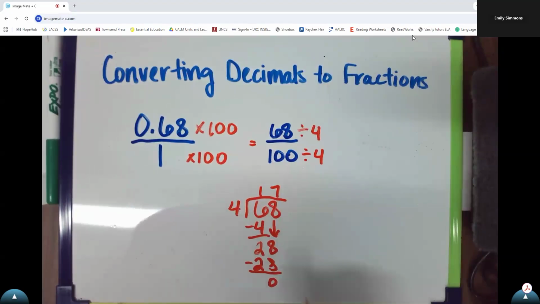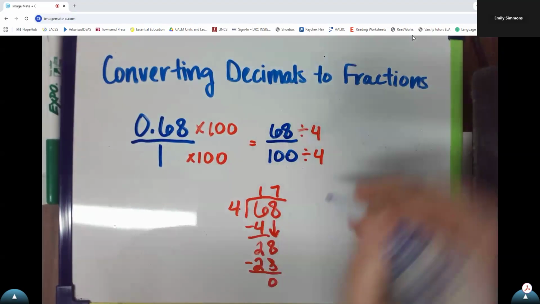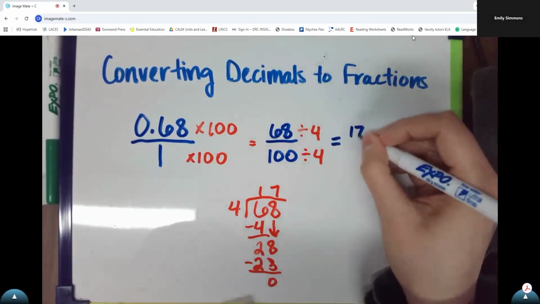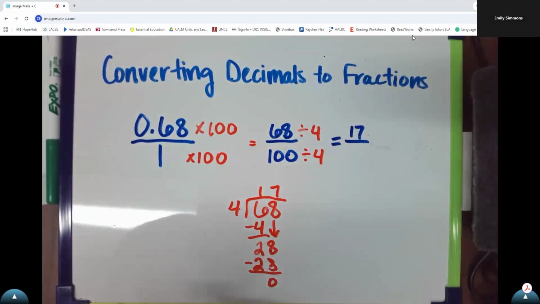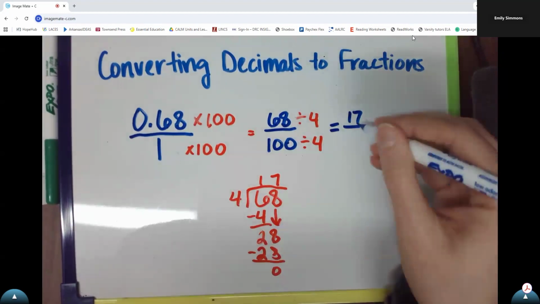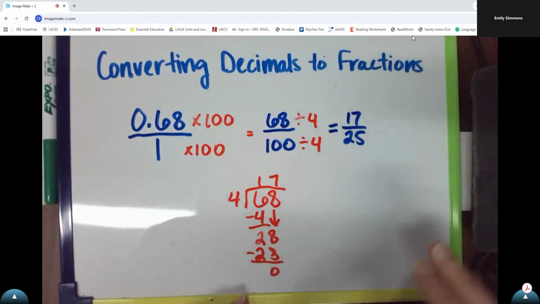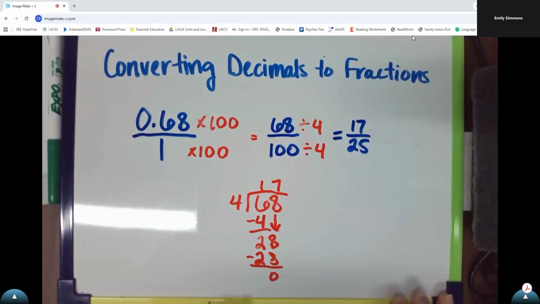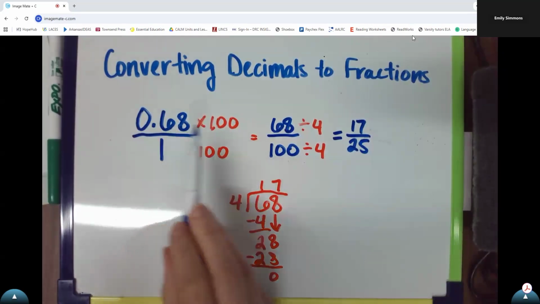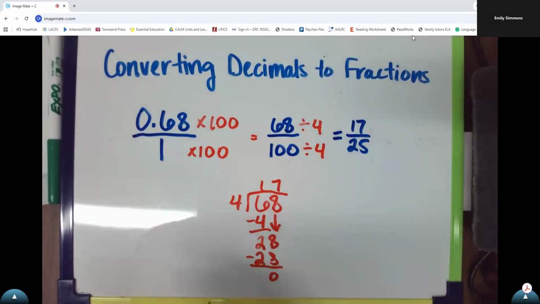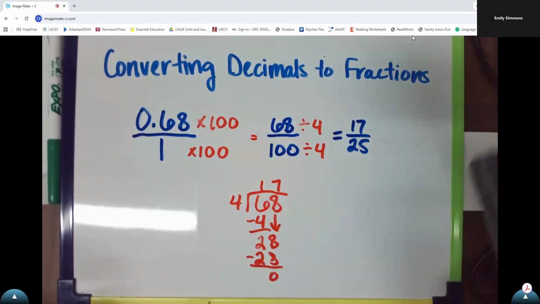And we're left with 0. So 68 divided by 4 is 17, and 100 divided by 4 is 25. So 0.68 equals 17 over 25.